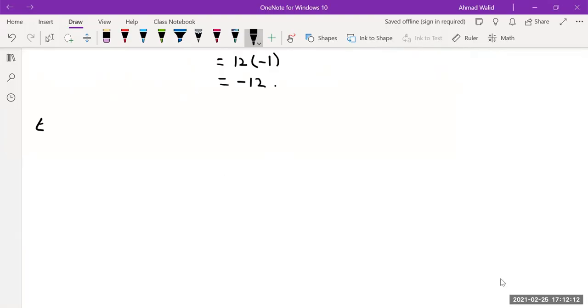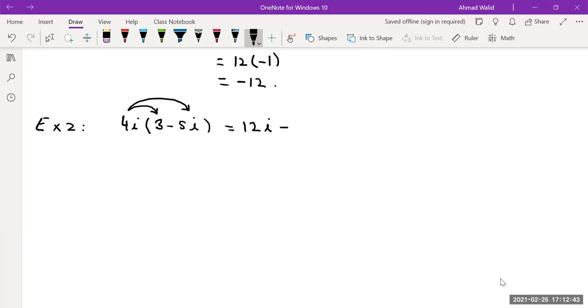Example number 2. I'll copy this one from your book: 4i times (3 minus 5i). I'll use the distributive property. 4i times 3 gives me 12i. Now distribute 4i to the second term.